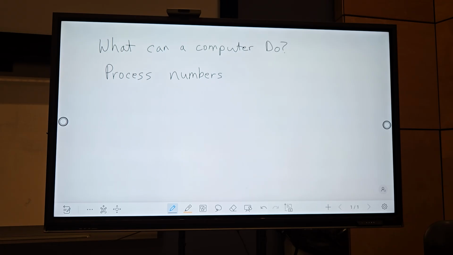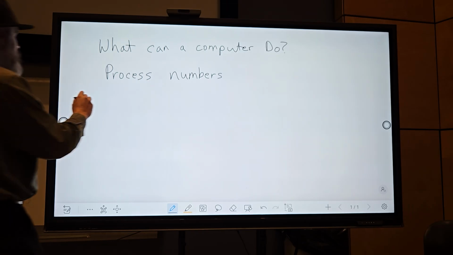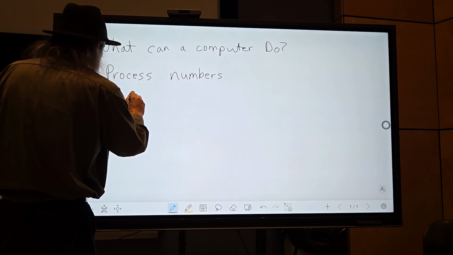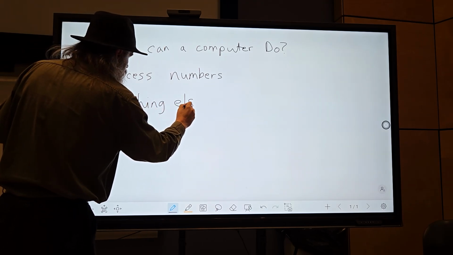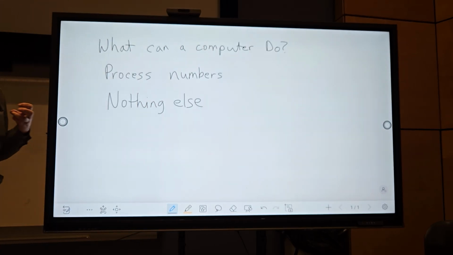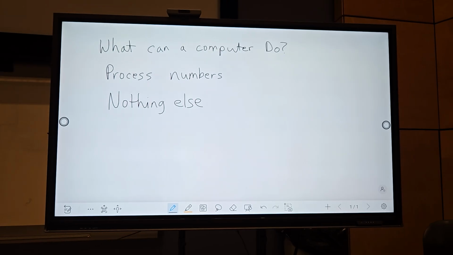It can add, subtract, multiply, divide. What else can a computer do? Nothing else. A computer can't do anything but process numbers. That's all it can do.